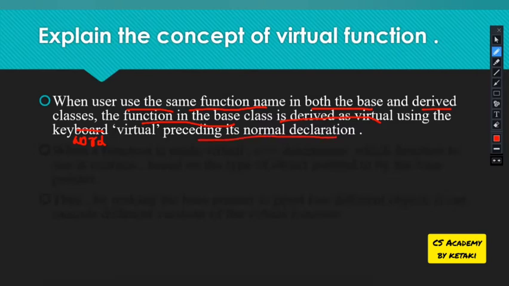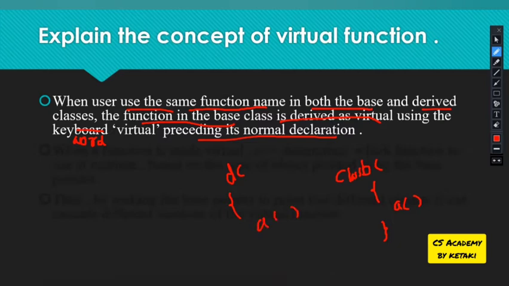What is the meaning of this point? The point describes that if there are two classes, one is a base class having a function a, and the other is a derived class having the same function a.